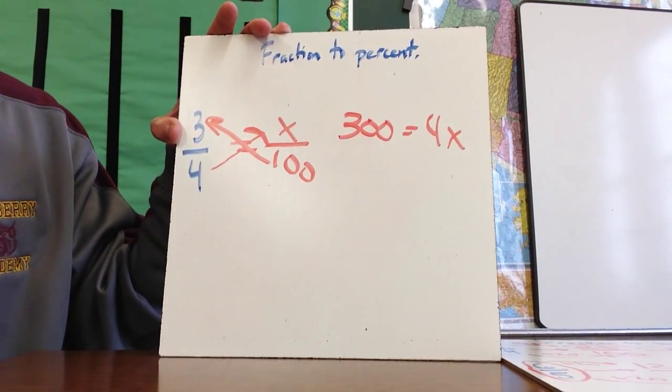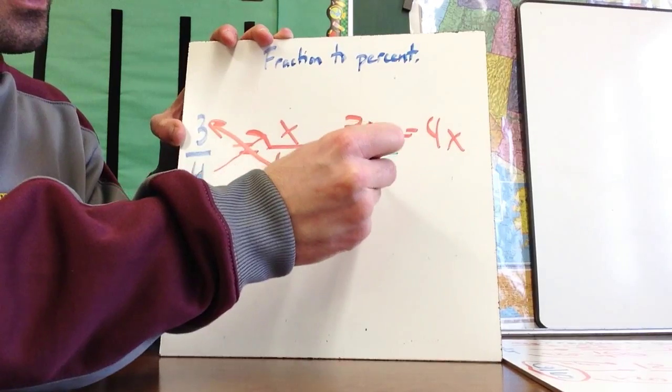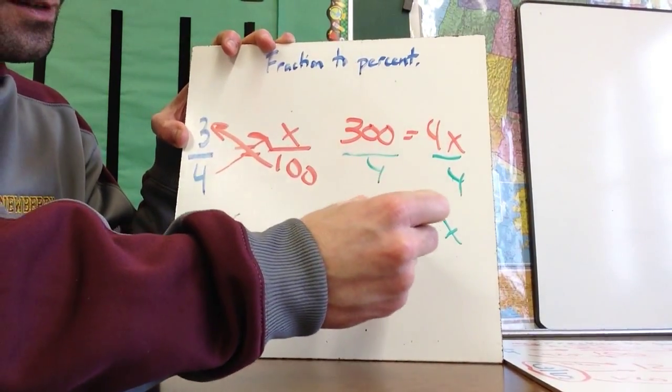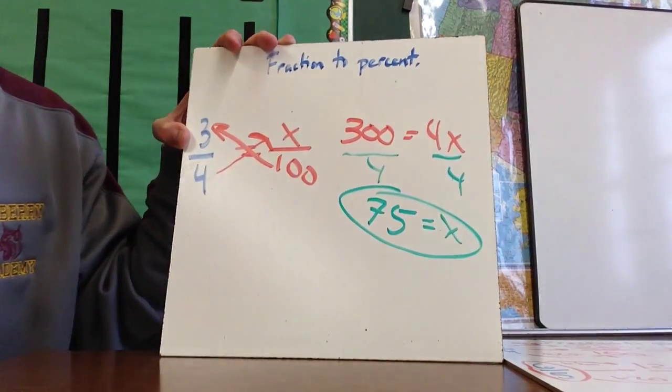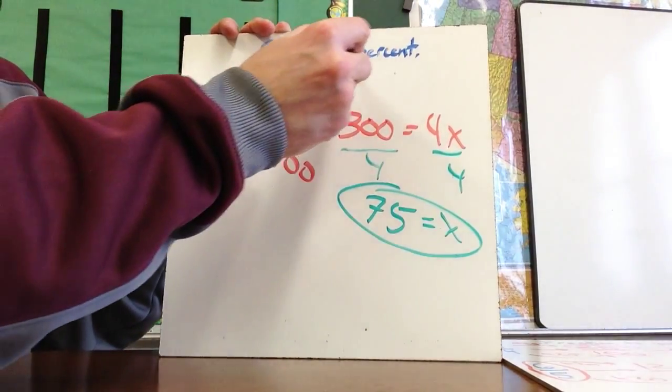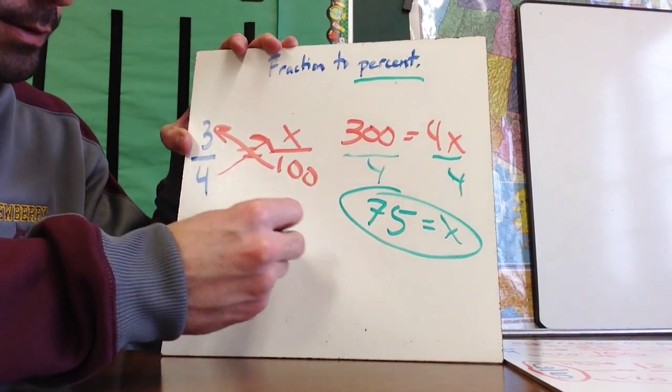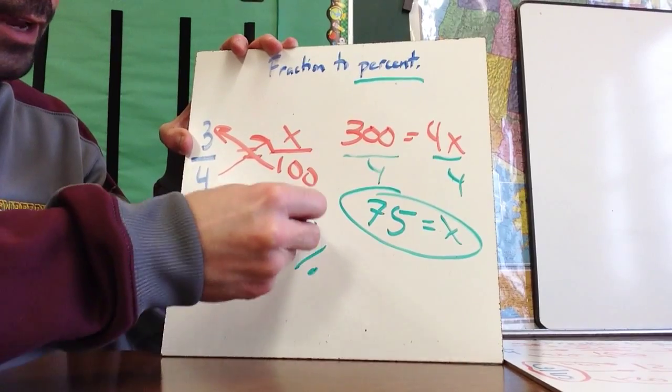To solve for x, I divide both sides by 4, and I find out that x equals 75. Now keep in mind that's not my final answer, because I need to turn this into a percent. My answer is going to be whatever x equals as a percentage.